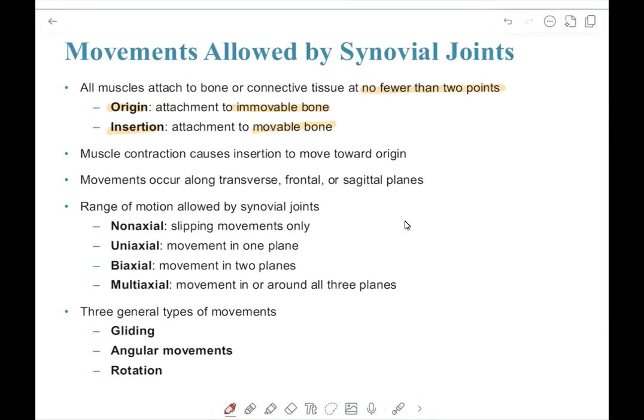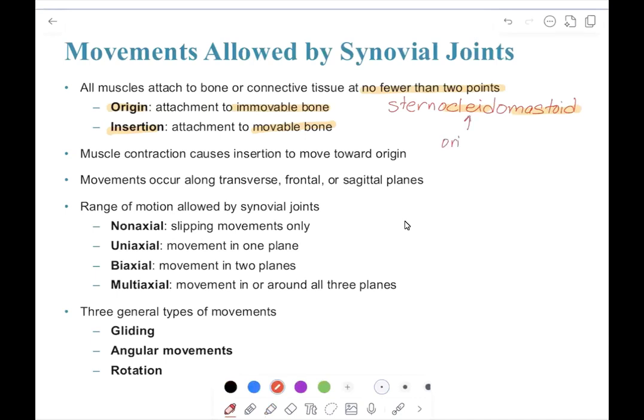And oftentimes we can figure these out by the spelling of the muscle. So coming up in chapter 10, you're going to learn a muscle called the sternocleidomastoid. And a lot of times the origin is named first and the insertion is named second.